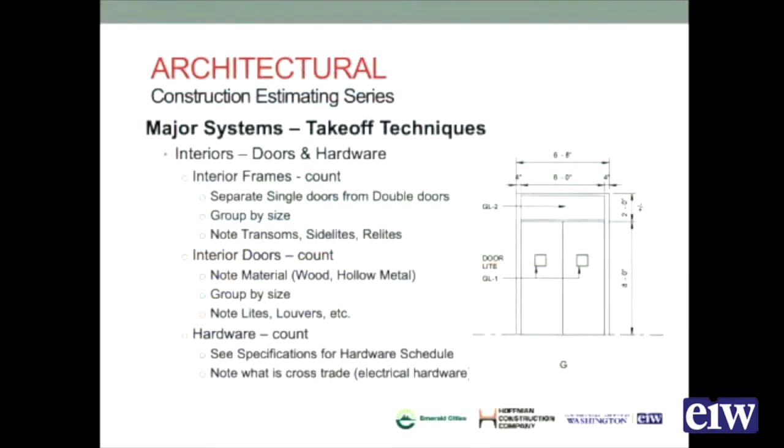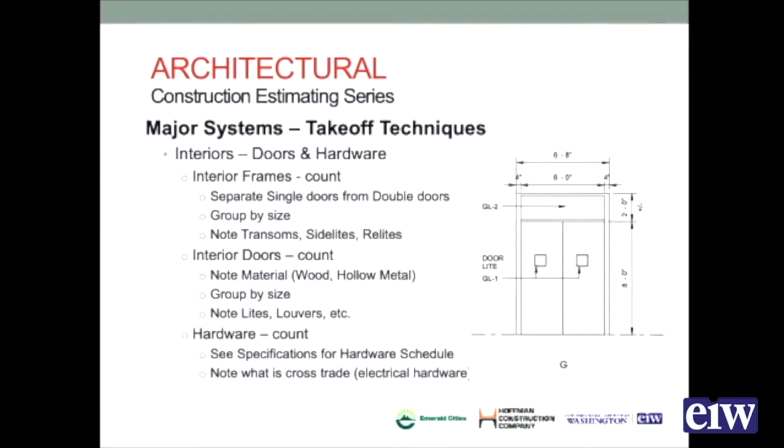Flipping down to doors, you need to note the material. You can have wood doors. Are they solid core? Are they hollow core? Hollow metal doors, you can have steel doors. You can actually have aluminum doors too, standalone aluminum doors that aren't part of an aluminum window or storefront system. You need to account for those and summarize those separately.